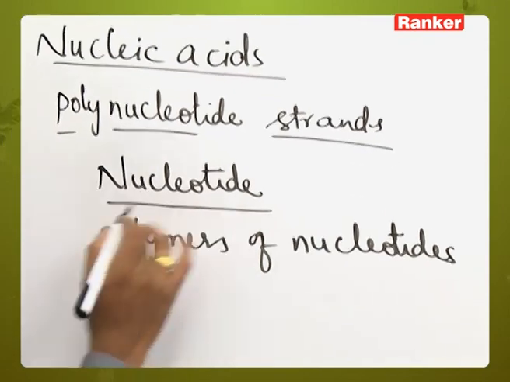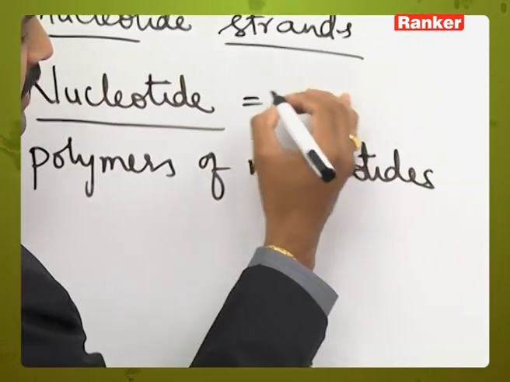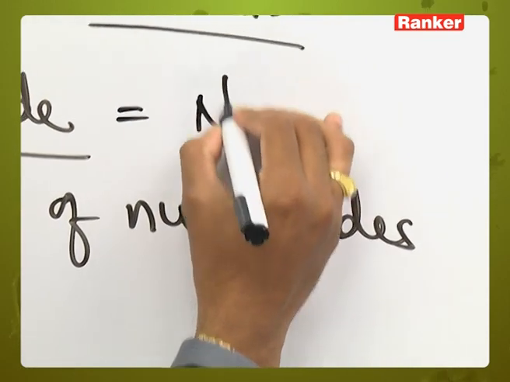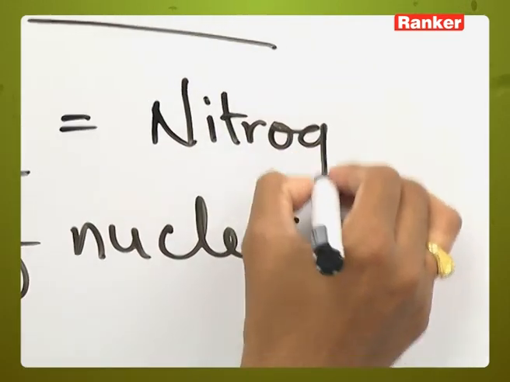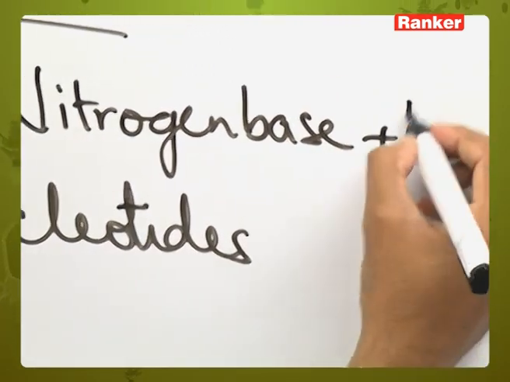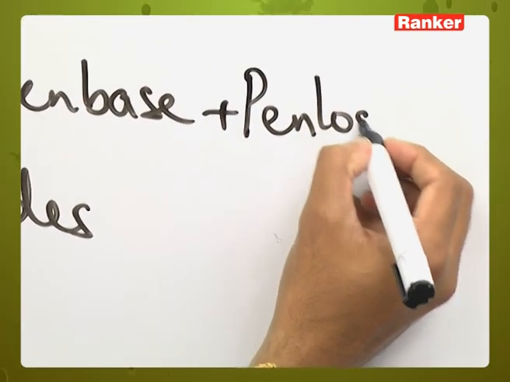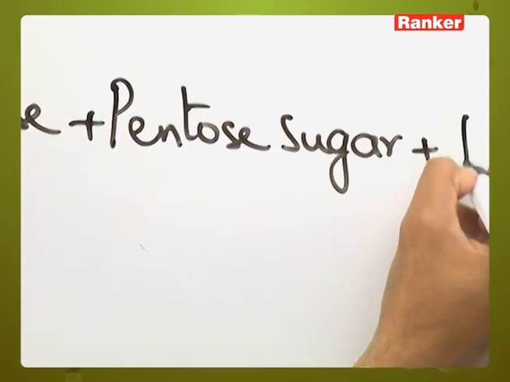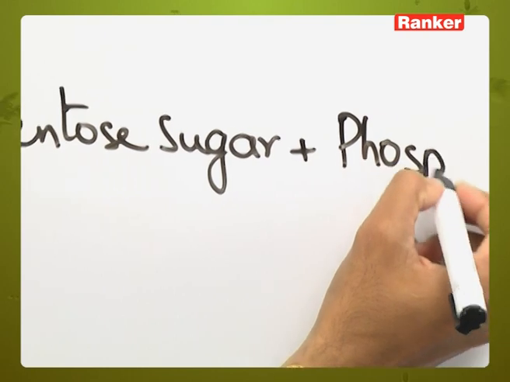Then what is a nucleotide? A nucleotide is made up of a nitrogen base, a pentose sugar and a phosphate group.